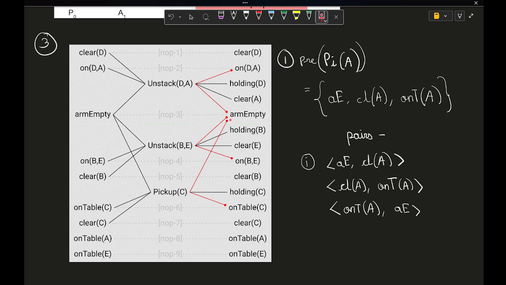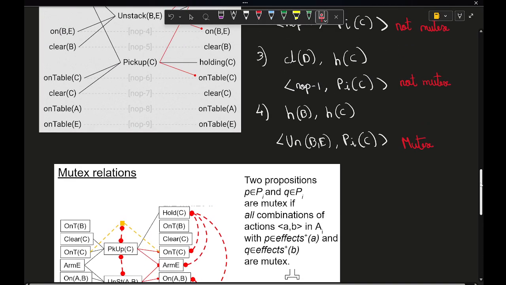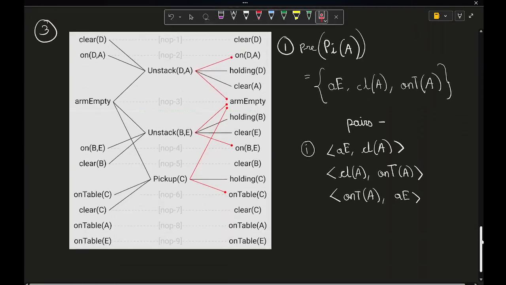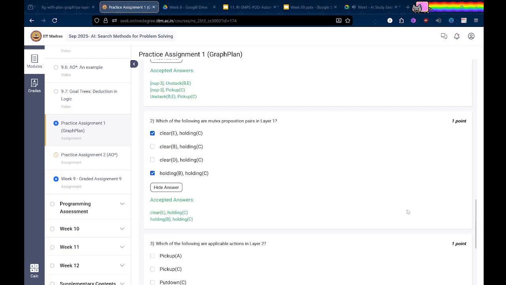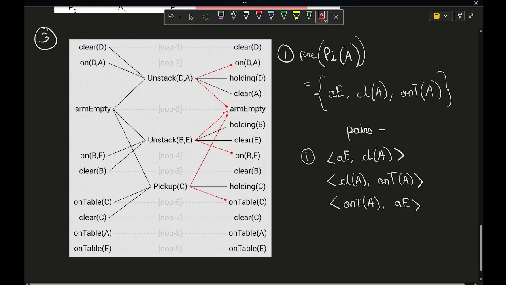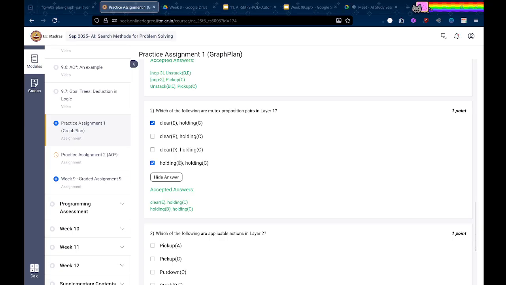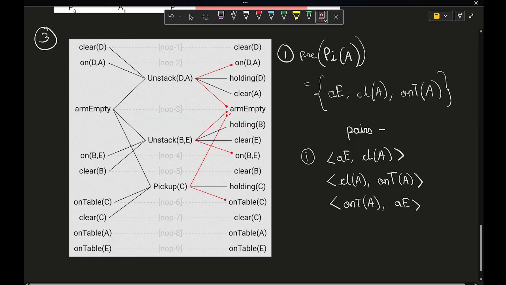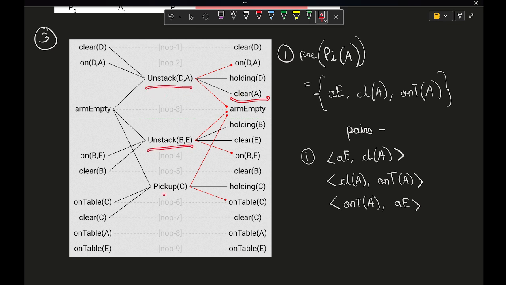Arm empty, clear A. Are these two mutex from earlier? Earlier what we were comparing? We were comparing such ways. Arm empty is a negative effect of these three actions, while clear A is a positive effect of these actions.